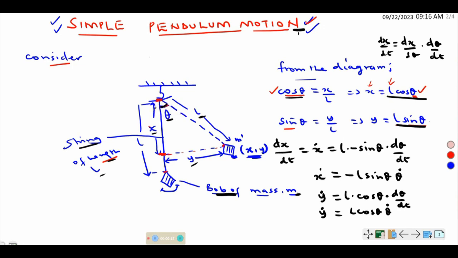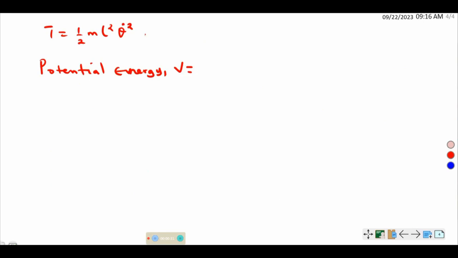Our h that will be considered here will be this displacement, that is the horizontal displacement, which is x, and we have seen that x is L cos theta. Now, from the formula, we shall say V will be the same as, because we are looking at the object acting against the gravitational force, negative mg of x.